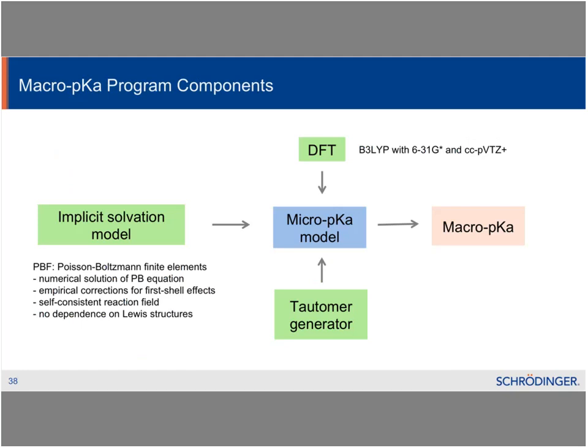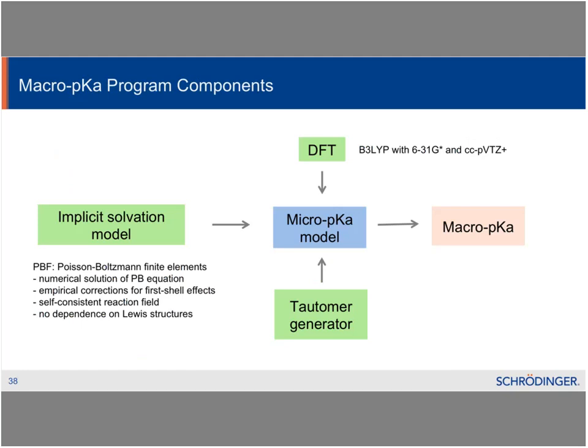Okay, how does macro-pKa work? Macro-pKa, of course, is assembled from micro-pKas, and the micro-pKas are computed from DFT calculations. They require tautomer generation, and they require implicit solvation model calculations. For the implicit solvation model, we are using PBF, which is the Poisson-Boltzmann finite elements model.